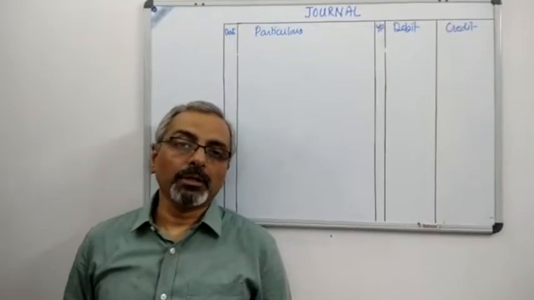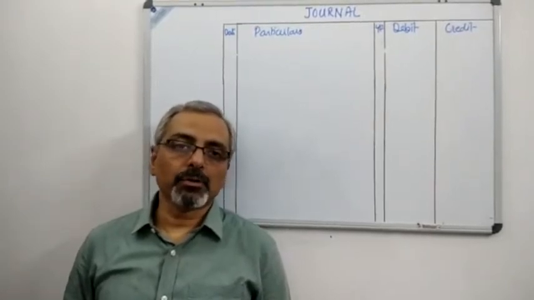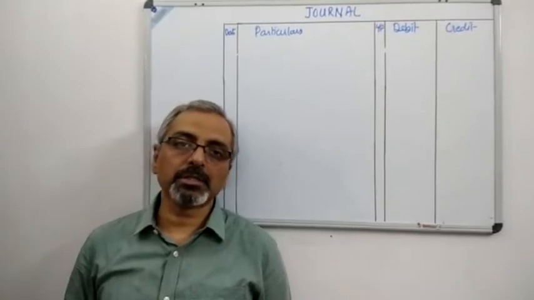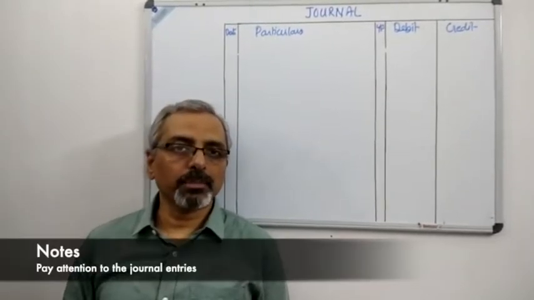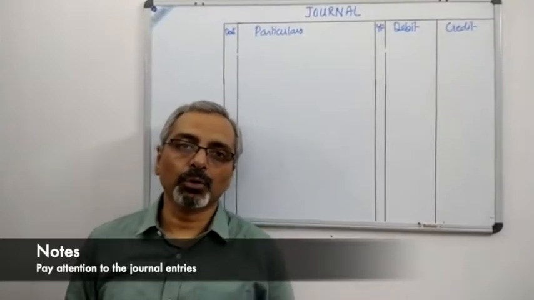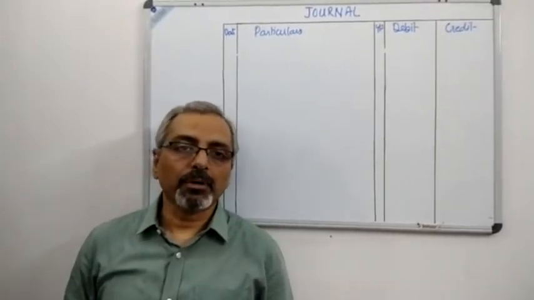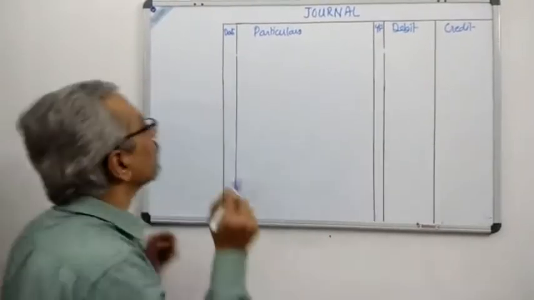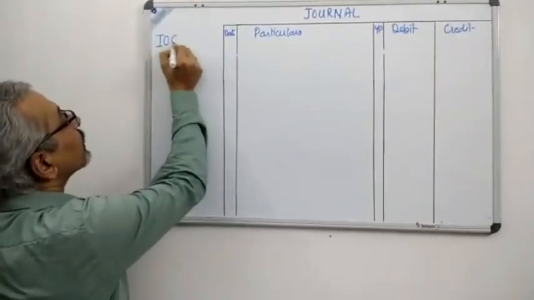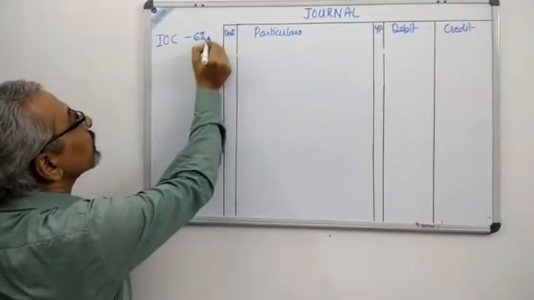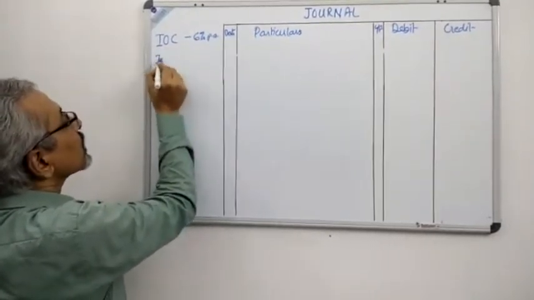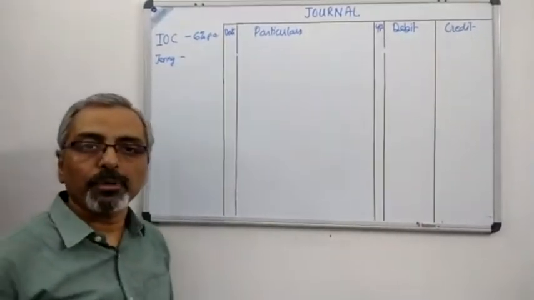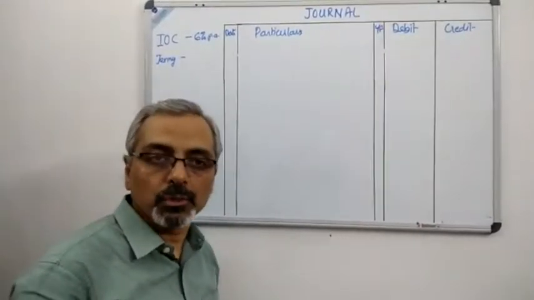After calculating the interest on capital and interest on drawing at the rate of 6% and 12% for both the partners, let us now concentrate on the journals. But before that, let us make a note of the interest on capital and interest on drawings for both the partners, Jenny and Judy. If you remember, interest on capital was provided at 6% per annum, and for Jenny it had come to 10,200.